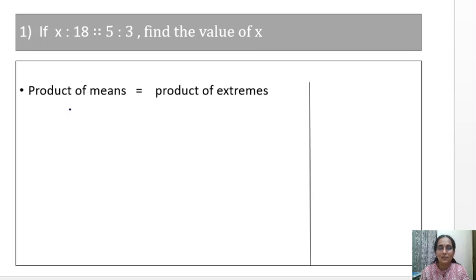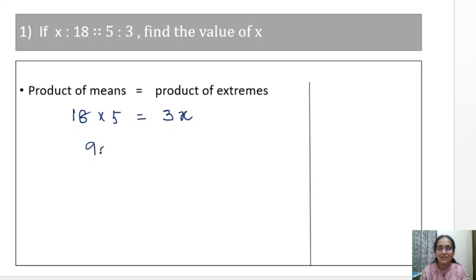If the ratios are in proportion, product of extremes is equal to product of means. Product of means means 18 into 5 equals product of extremes. That means x into 3. I'll write it as 3x.